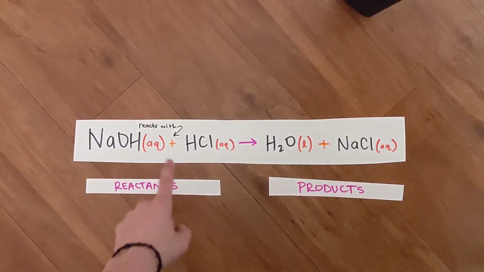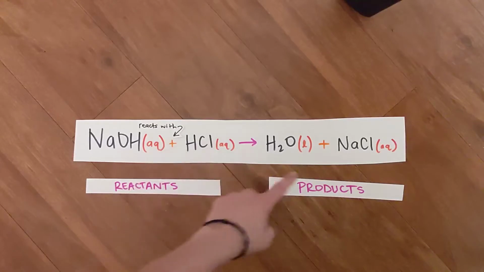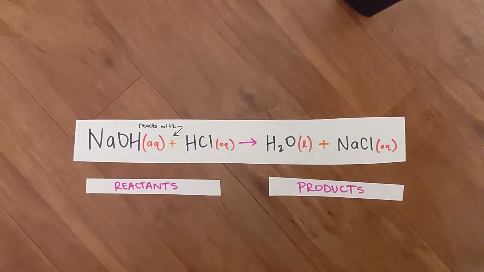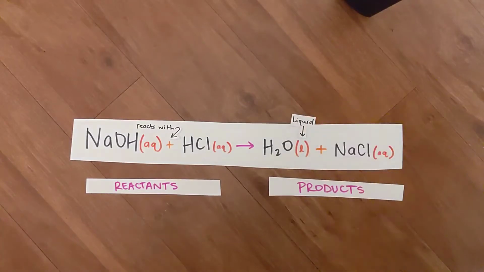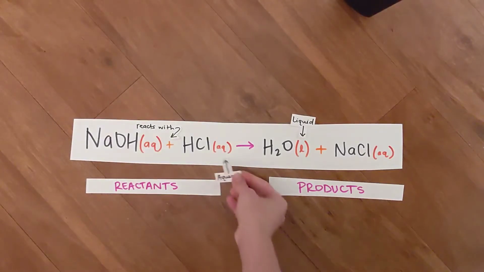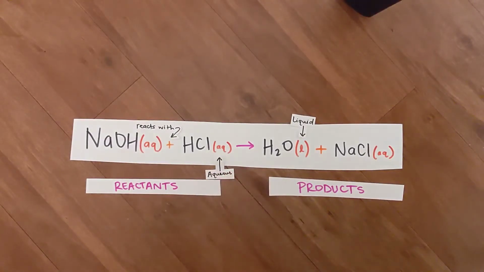So this time we see a couple of new symbols. We see AQ and L. They still represent states of matter. The easiest one here to label is, you guessed it, L, which stands for liquid. This other one, AQ, is likely unfamiliar to you, and it stands for aqueous.